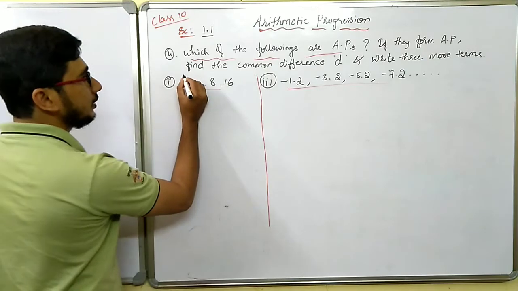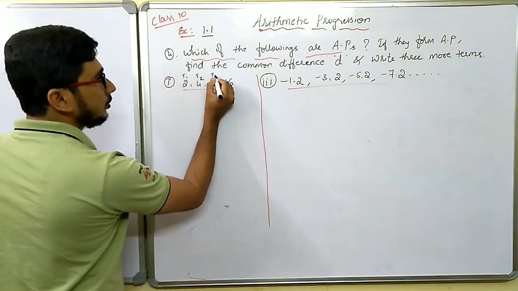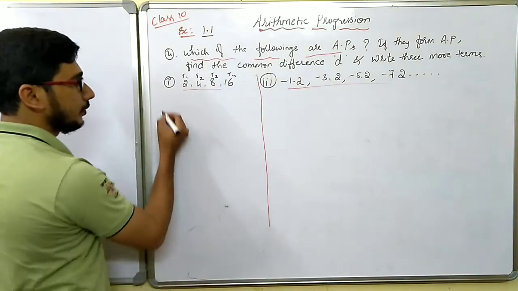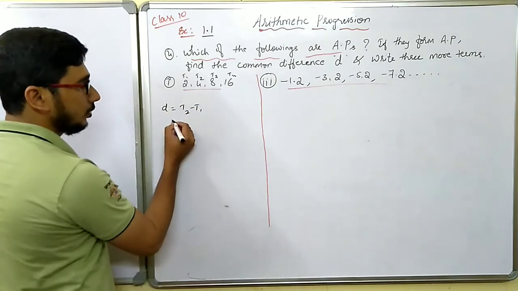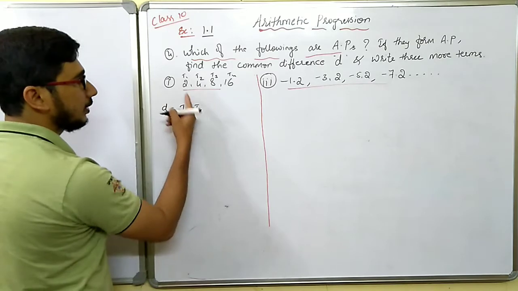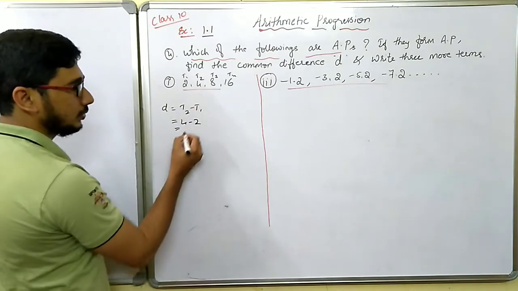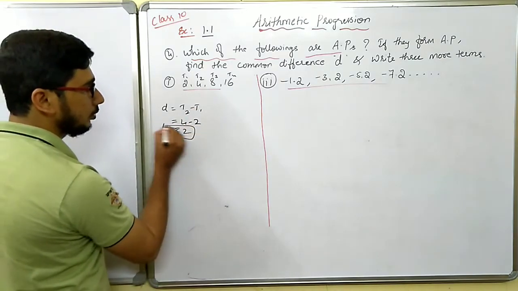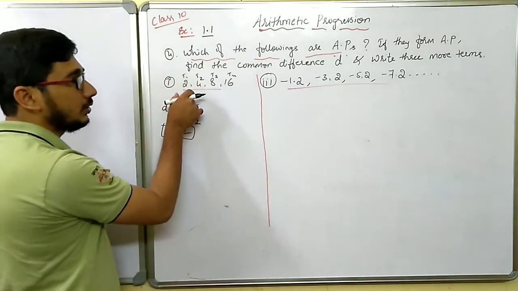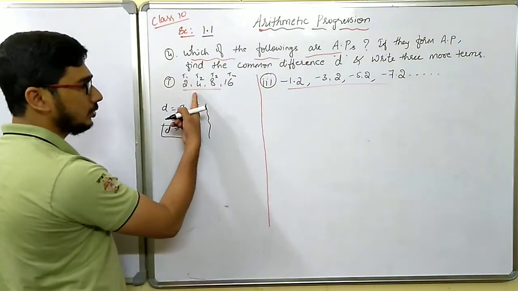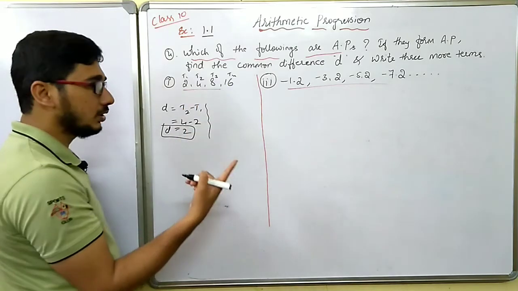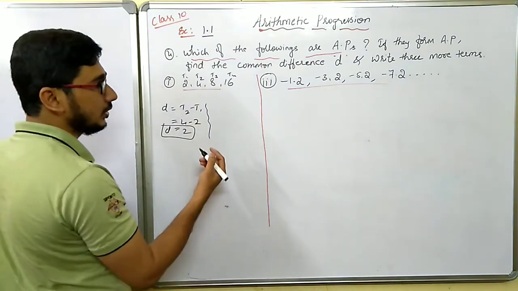So let us consider T1, T2, T3, T4. d is equal to T2 minus T1. T2 is 4 minus 2, which is 2. So the difference you got is 2 here. You should not check only one; you have to check one more, because this may give 2 and you may get 4 here. That is the reason you have to check one more difference.